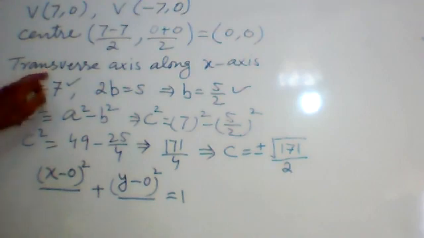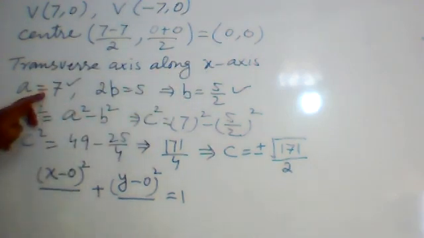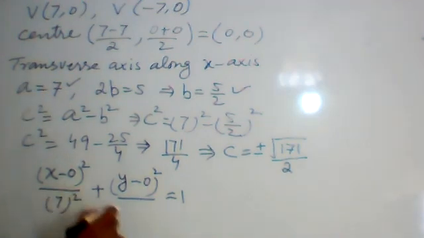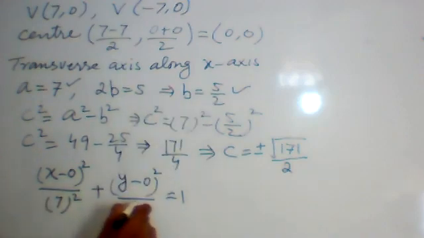Now the transverse axis is along the x-axis, so x square upon 7 square, and y square upon (5 upon 2) square.